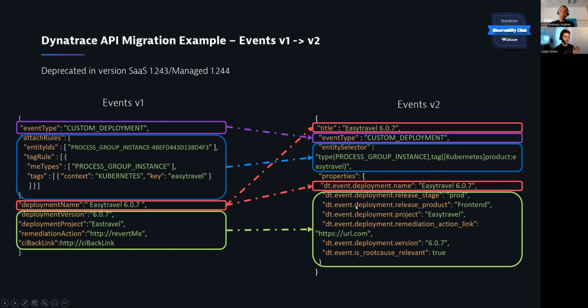So that's the change. Simply the payload itself has changed. The functionality behind the events has not changed. And this will create a release in the release inventory and visualize all the context of a deployment to those processes.